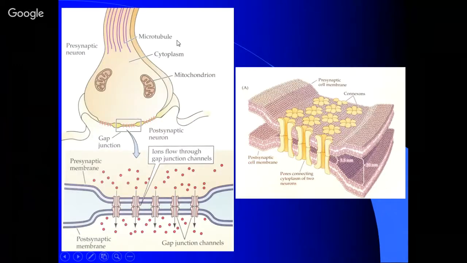So just a couple quick pictures. We've got a lot of pictures in this talk. And here's your presynaptic neuron. You get used to that. Microtubule, cytoplasm, mitochondria are ubiquitous in synapses. And here's your gap junction. This is your electrical synapse right here. And here it is magnified.